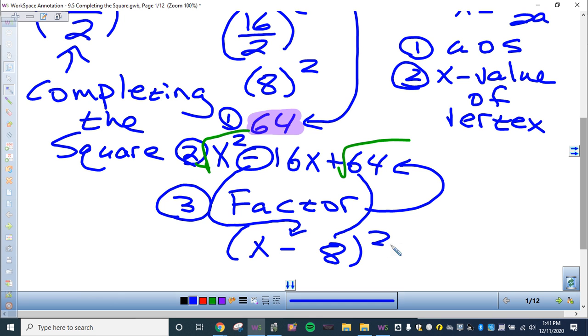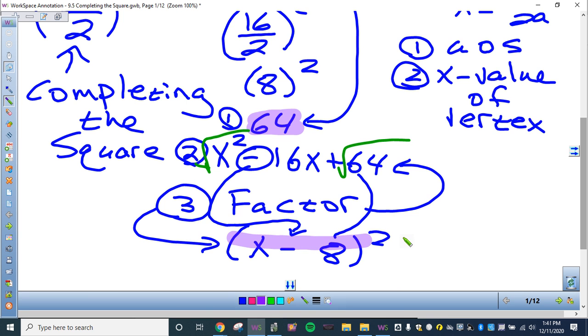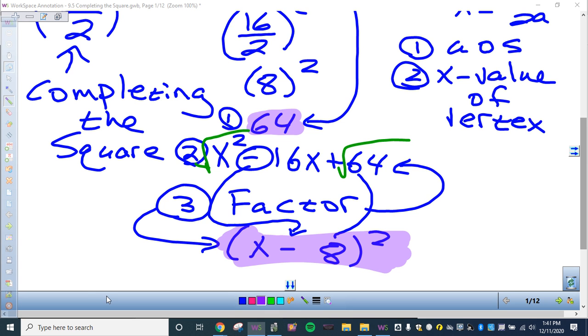So here's step 3 that I want you to get, where you just get the binomial squared. So in this case, x minus 8 squared. Alright, so all you're doing is taking half of b, dividing it by 2, squaring it, and then factoring the result.